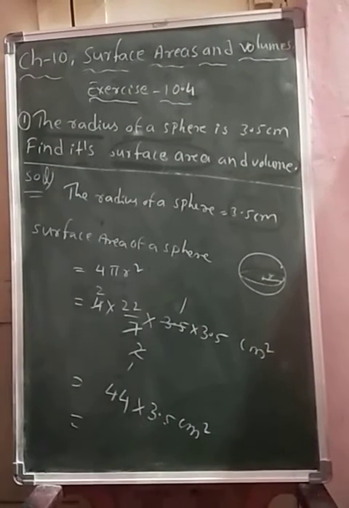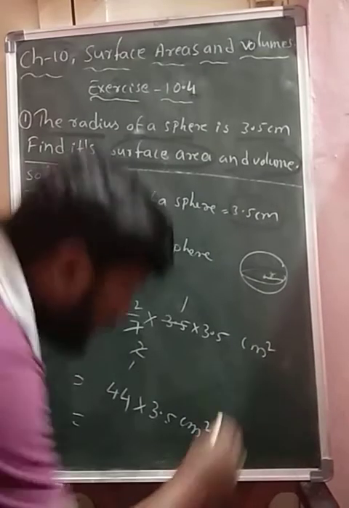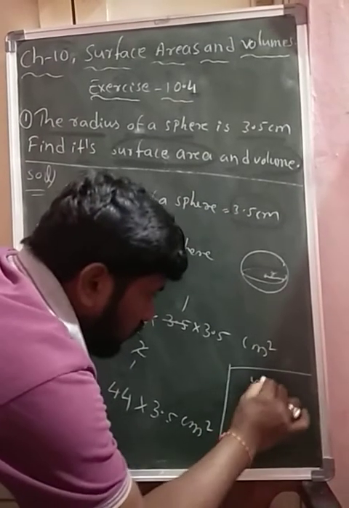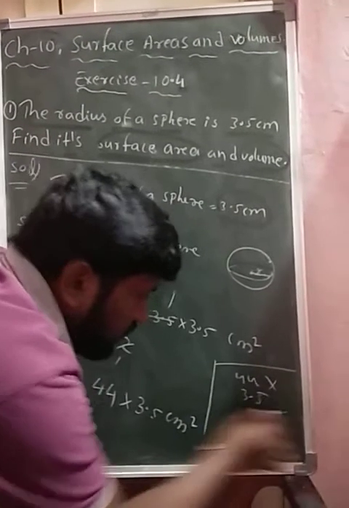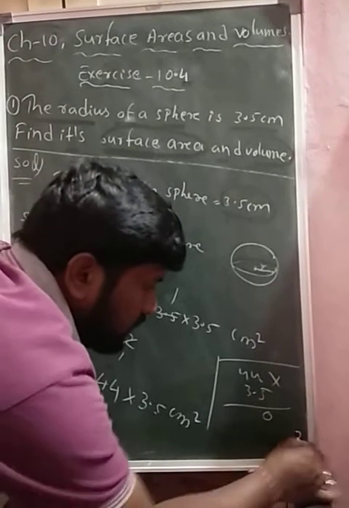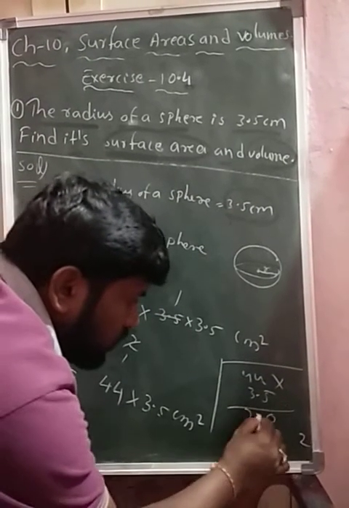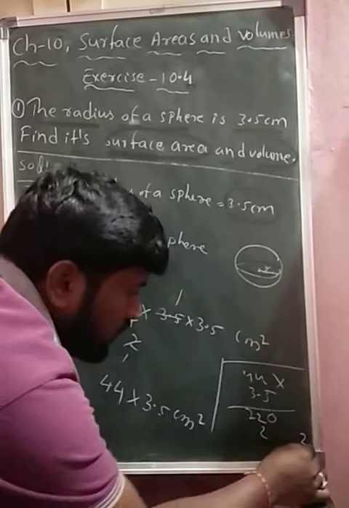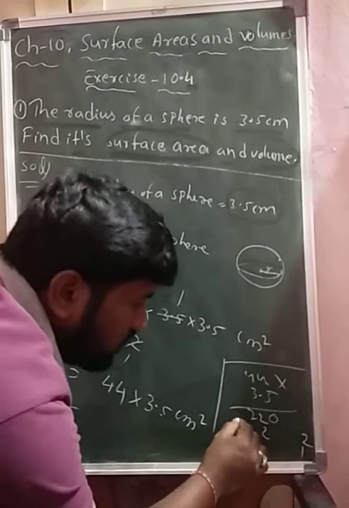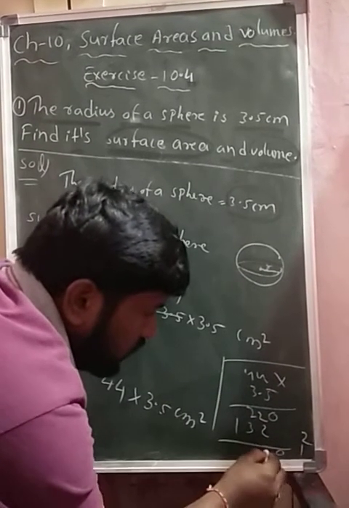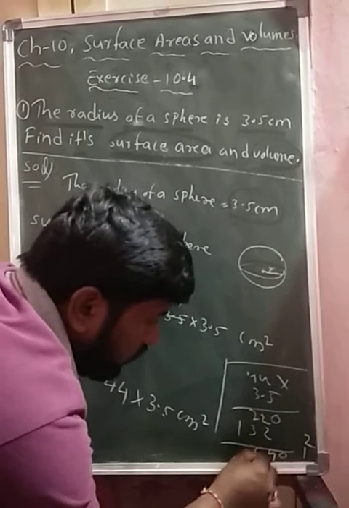44 into 3.5 means we do like this. 5 4s are 20. 5 4s are 20 plus 2, 22. 3 4s are 12, 3 4s are 12 plus 1, 13. So that is 0, 4, 5, 1.